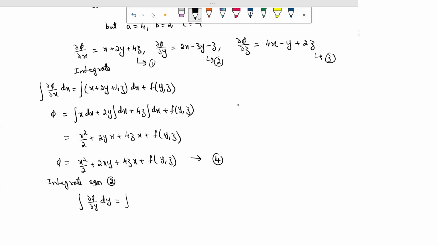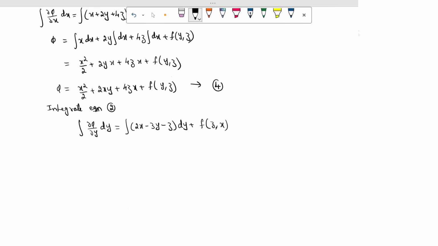It is the integral of 2x minus 3y minus z times dy, plus, if you're integrating with respect to y, the constants are z and x, so f of z comma x. So φ equals the following. 2x is a constant, so the first term is only the integral of dy. Then minus 3 is a constant, times the integral of y dy. Minus z is a constant, times the integral of dy. Plus the function of z comma x.